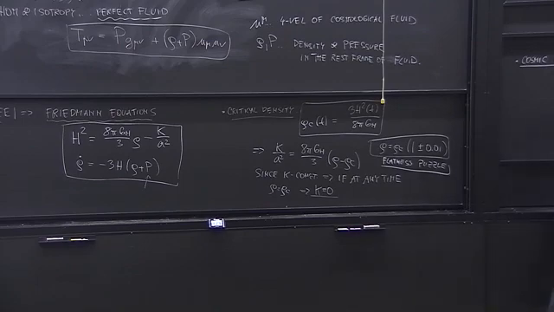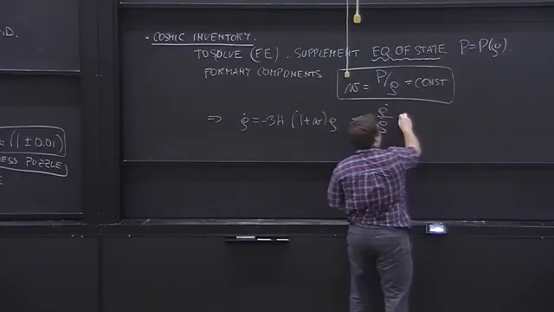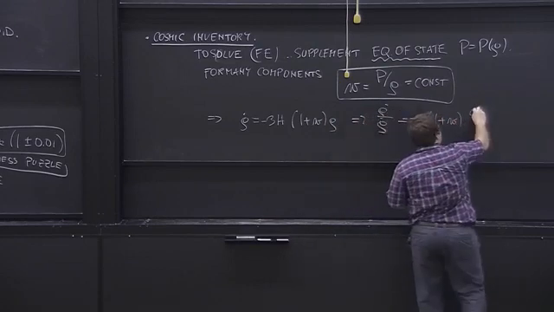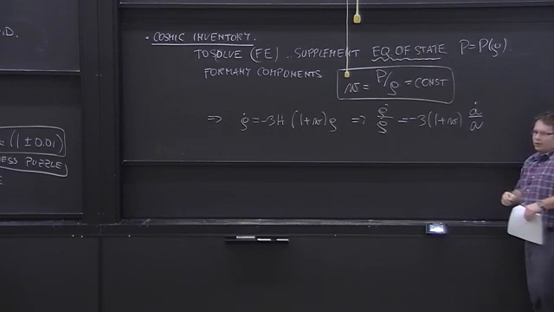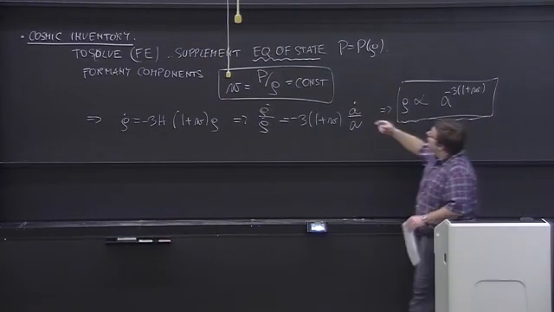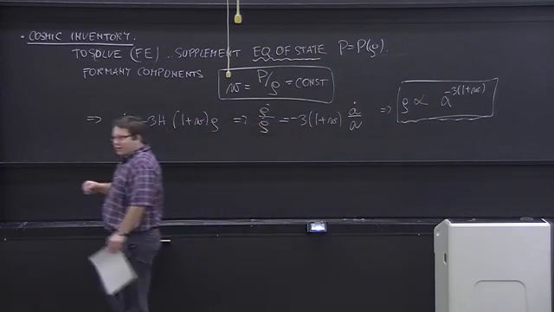Which means rho dot over rho is minus 3 times 1 plus W times A dot over A, just using the definition of H. If I integrate this, rho is proportional to A to the minus 3 times 1 plus W. So if the equation of state is that simple, then I can actually solve one of the equations.